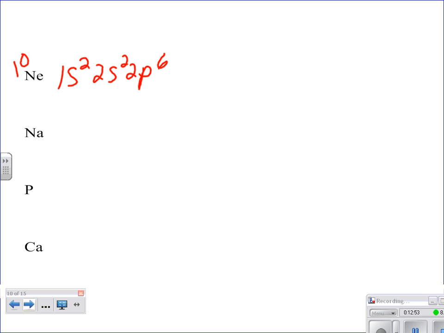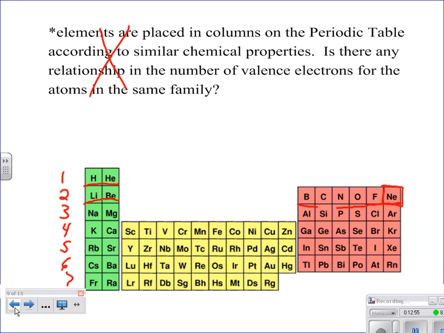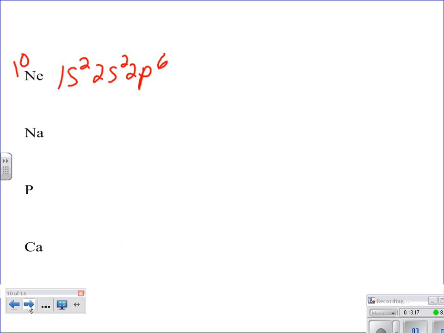Okay, let's look at sodium. We find it right here. So we're throwing another little thing in here, not much, but we can do it. Ready? 1s2, 2s2, 2p6. Excellent. Okay, 1s2, 2s2, 2p6, 3s1.